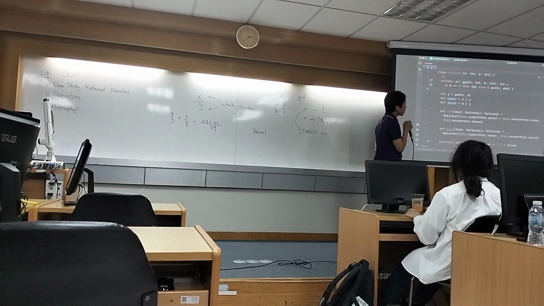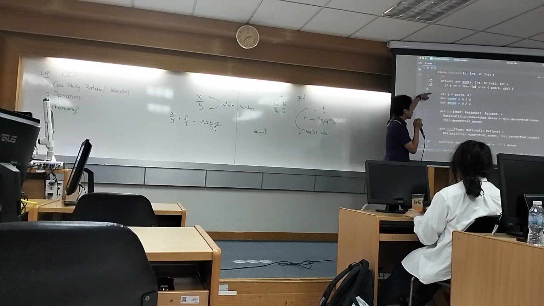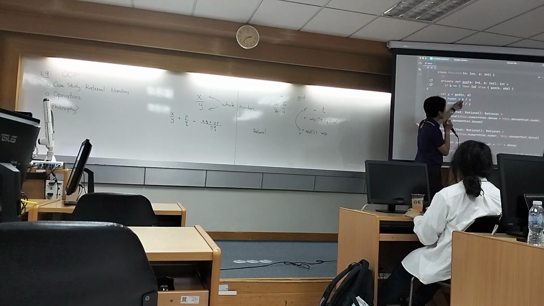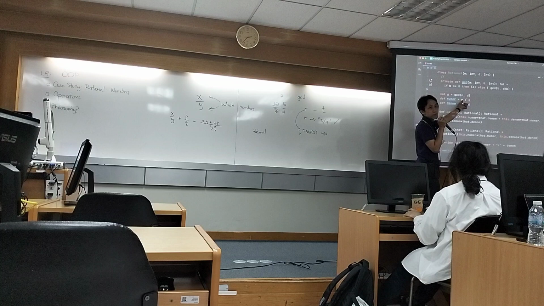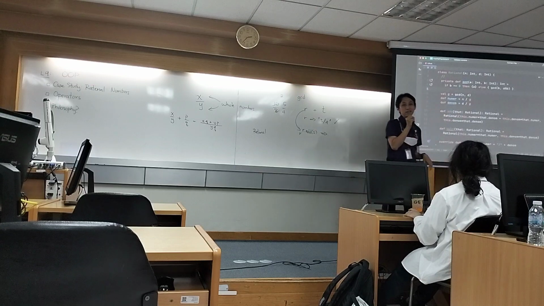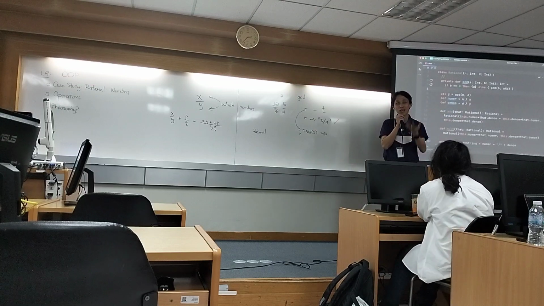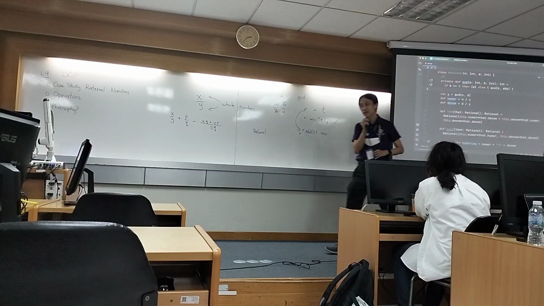Of course, you have some other choices, because right now every time you call numer, we have to do this computation. Maybe you don't want that. So go ahead and change it however you like.